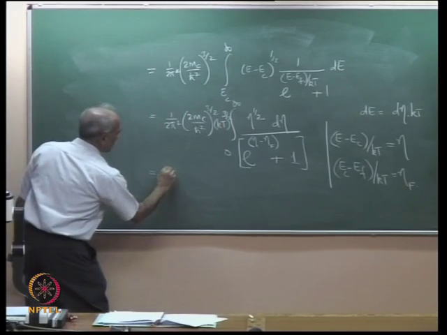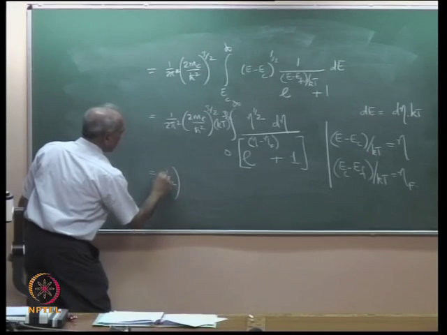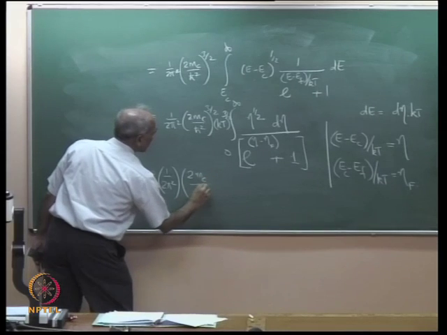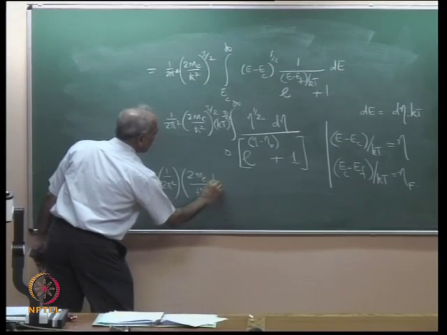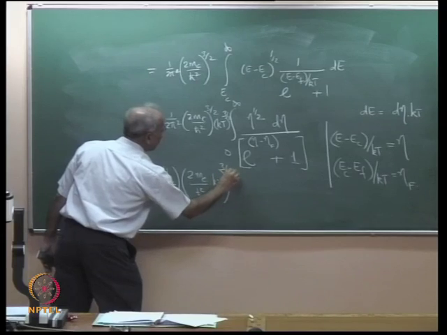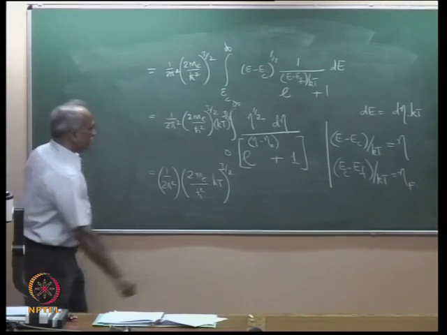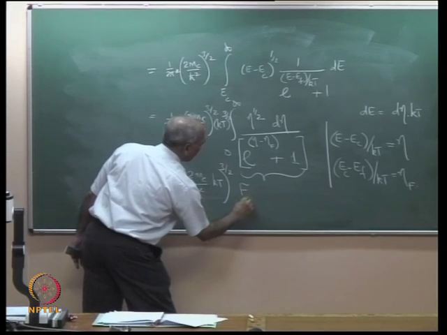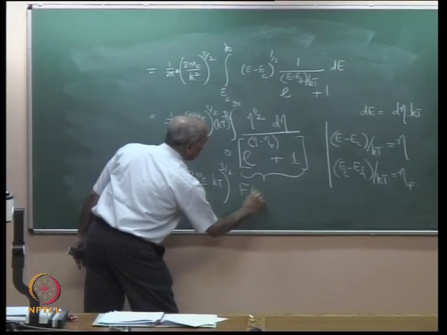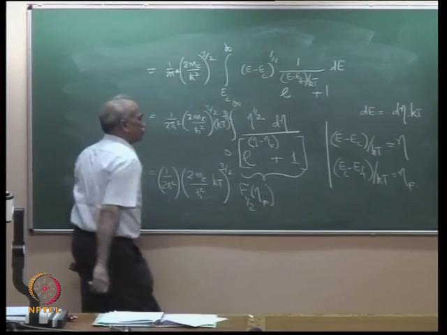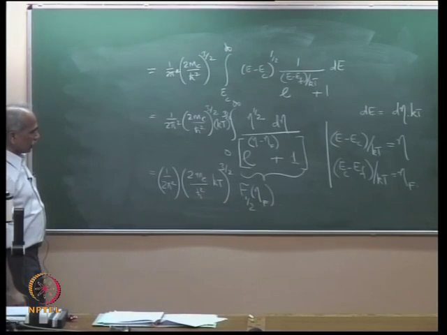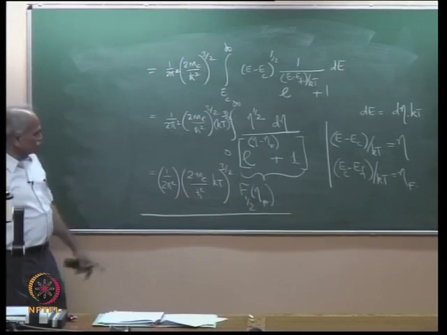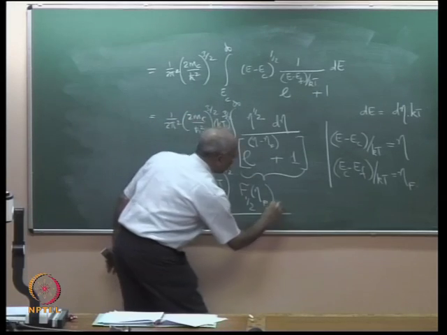So you will have this equal to 1 over 2 pi square into 2 mc by h cross square, into kT to the power 3 by 2, into this integral here, which is called the Fermi-half integral, F half of eta f. This last term is called the Fermi-half integral.